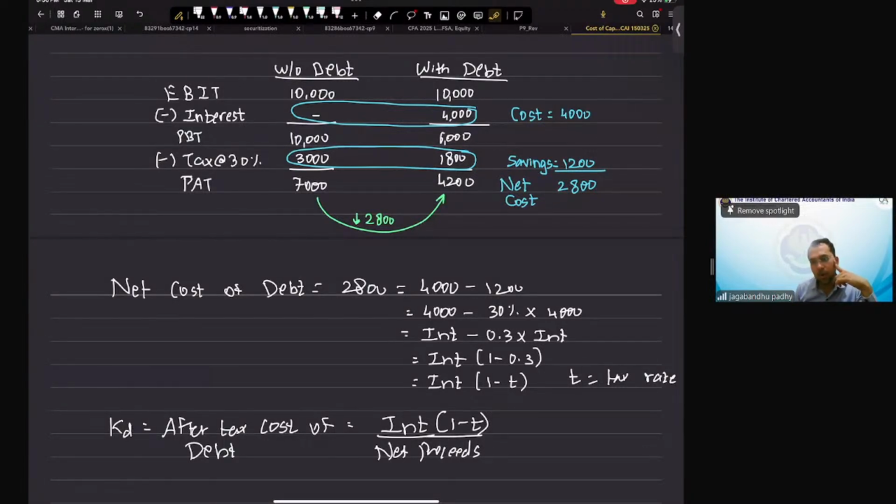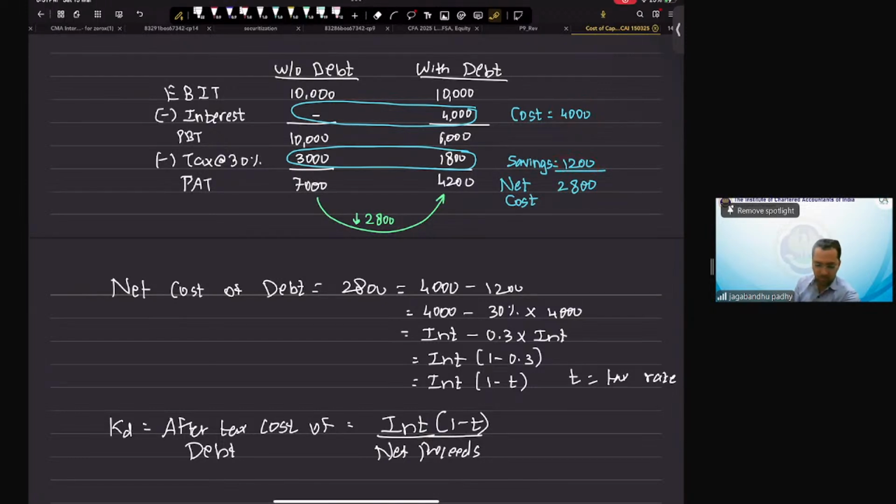But there is an outflow and inflow nil? No, there is an outflow of 4,000 and you're saving 1,200. Right? So there is a saving. Instead of paying 3,000, you're going to pay 1,800 only as compared to the company without debt. So just because you have taken debt, there is definitely an outflow of 4,000, but there is also a saving of 1,200.